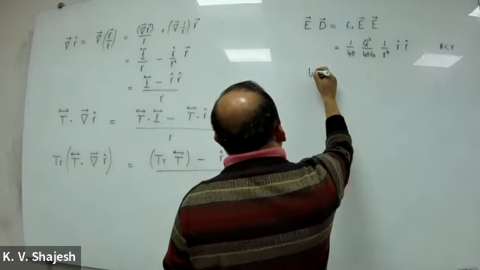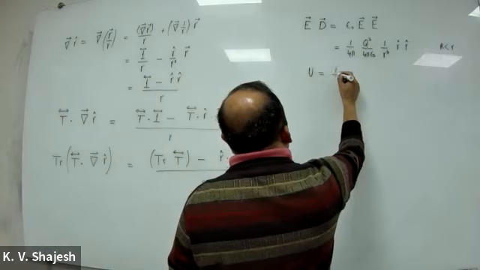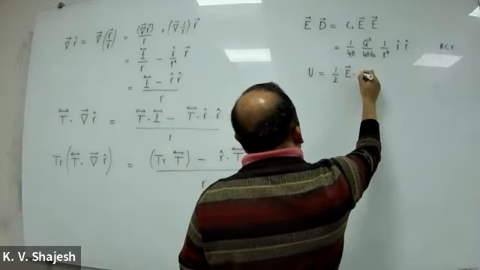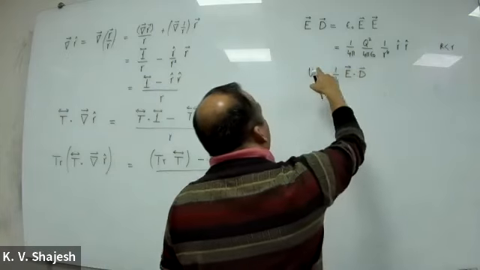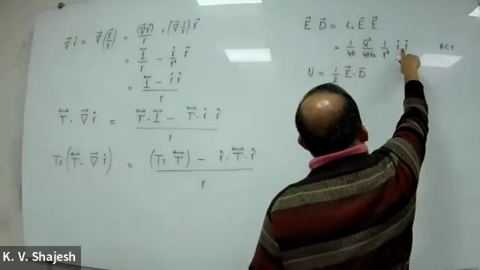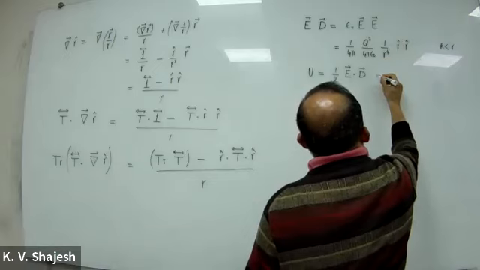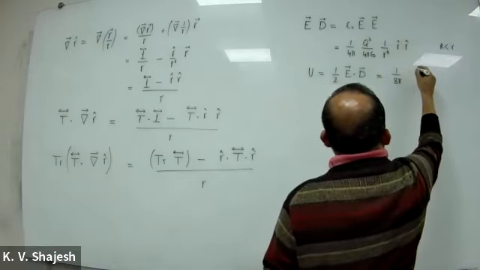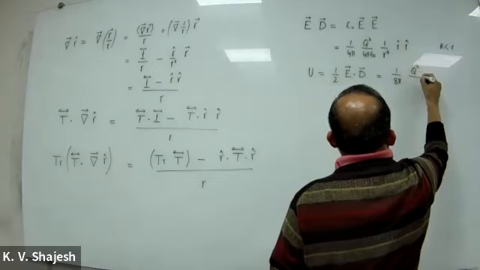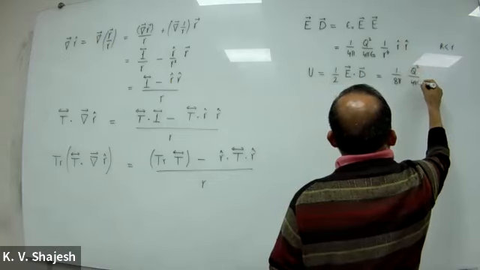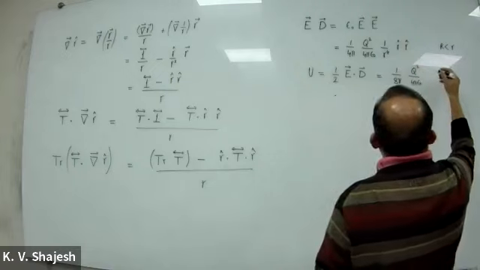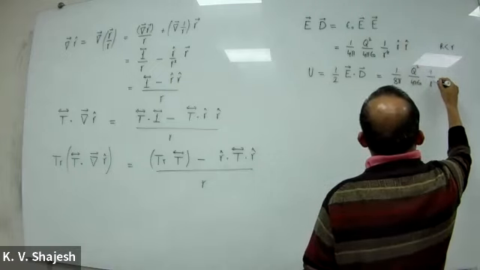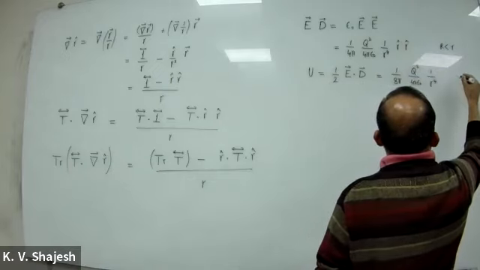U is half of E dotted with D. E dotted with B is the same as putting a dot there, that becomes a 1. That's equal to 1 over 8 pi times Q squared over 4 pi epsilon naught times 1 over r raised to 4. That's it.